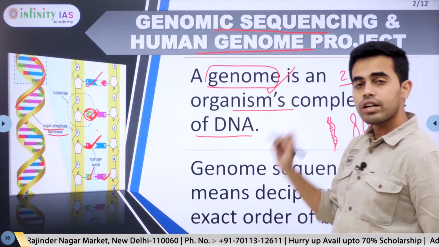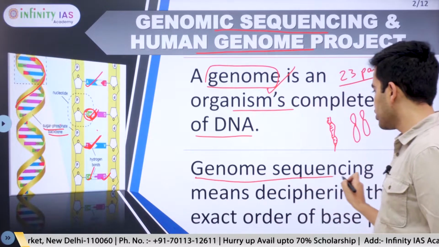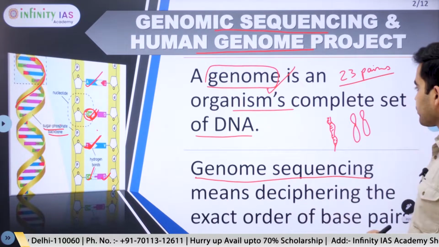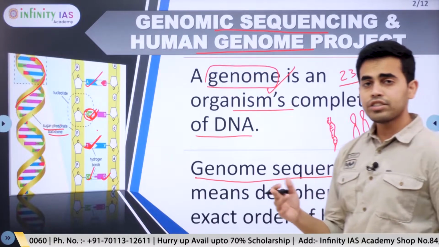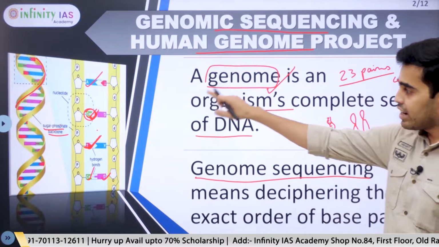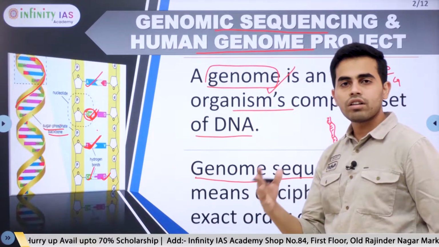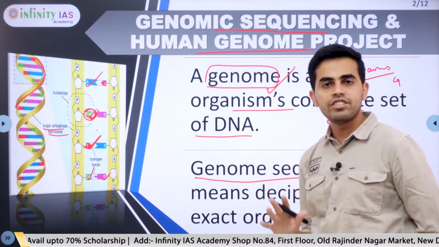Now that we have understood what a genome is, we will go into what genome sequencing is. We understood that the arrangement of the nitrogen bases gives that particular protein, or determines the function of a certain gene.